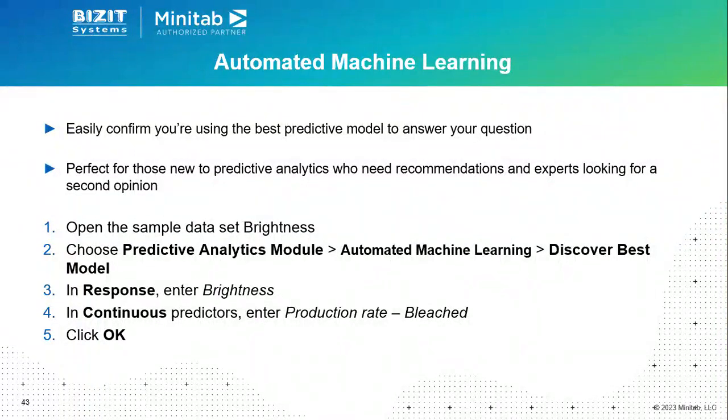It will depend on this one. So this automated machine learning actually consists of regression, multiple regression, CART, random forest, TreeNet, and MARS. They will be compared together, and then Minitab will give you the result of which one is the best.